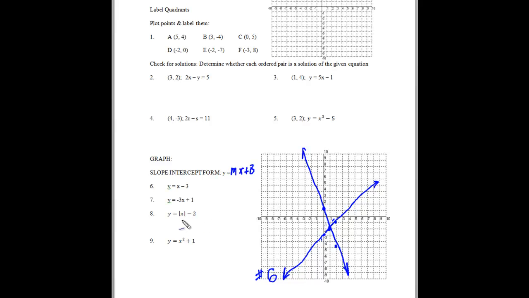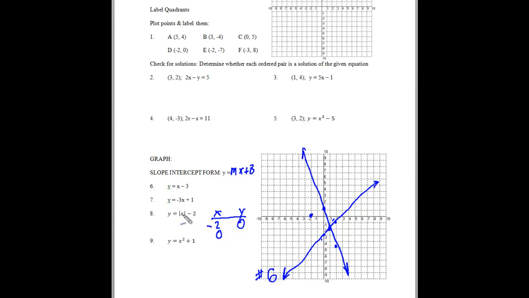I'll show you that if you plug in for my x and y, I'm going to pick some values here. I'm going to plug in maybe negative 2 for my x. If I plug in negative 2 for my x, that will make a positive 2. Positive 2 minus 2 is 0. So my point here is right there for my first. I'm going to then choose 0. I'm going to plug 0 in for my x.